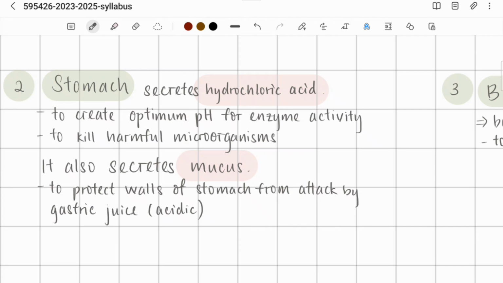If something is too acidic, it will be corroded by the acid. So to prevent that from happening in our stomach, the stomach secretes mucus to put a layer around the walls of the stomach to protect the wall.